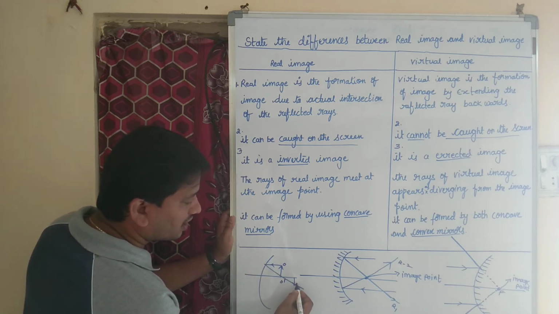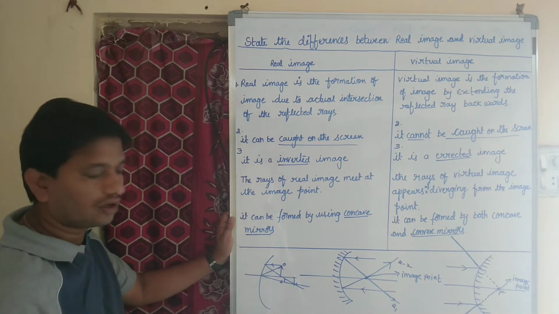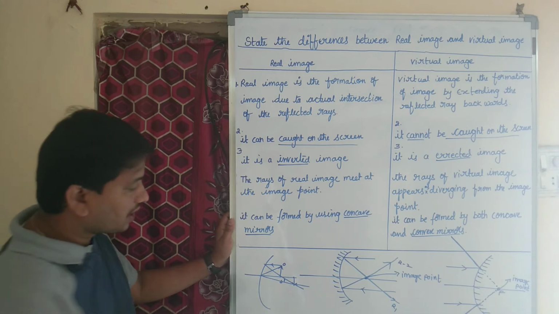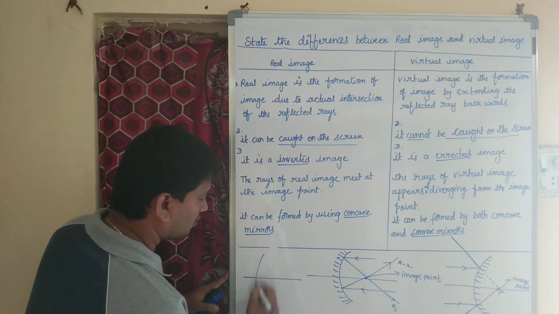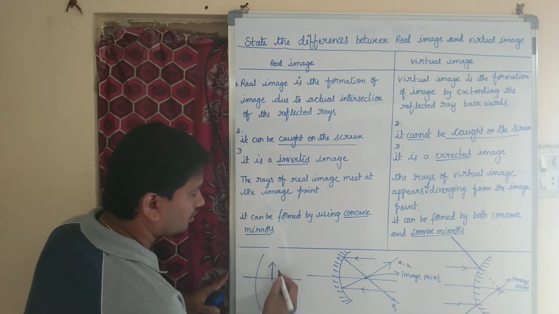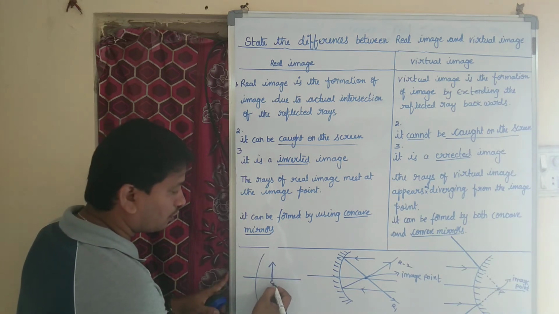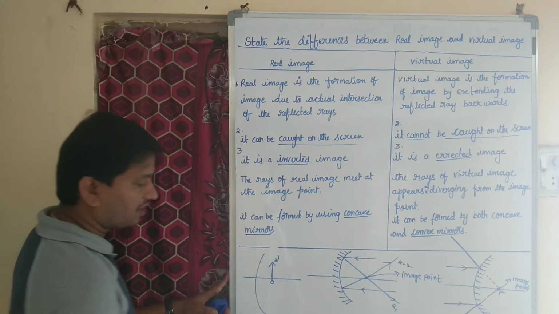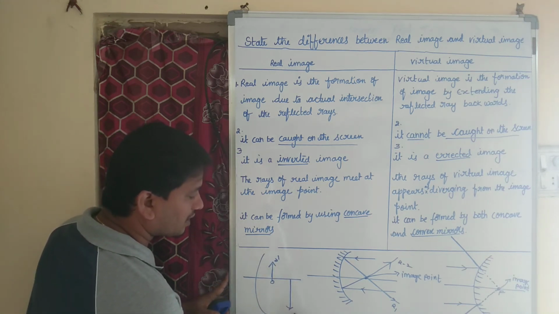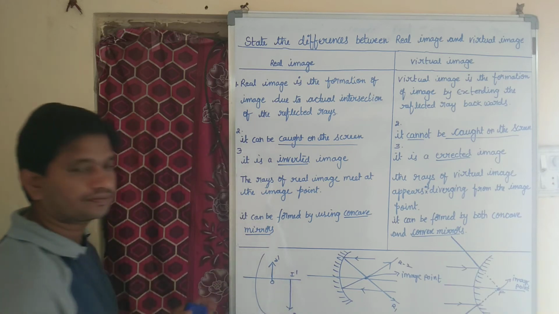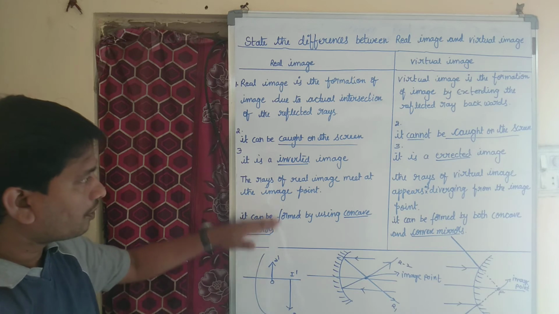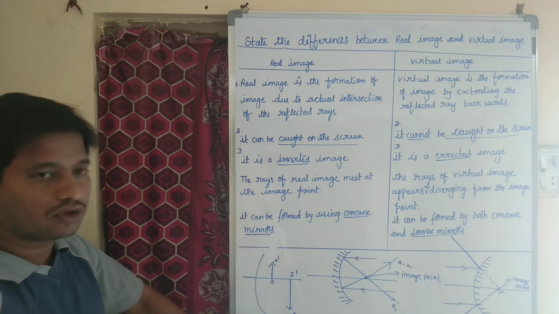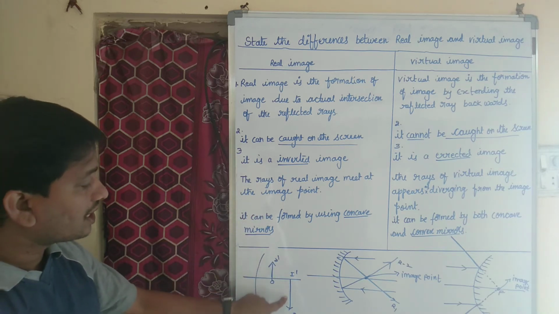Suppose you got the image at this point. Suppose this is our object, which is above the principal axis, but the image we got is below the principal axis, like this, I dash. Object is called O dash, whereas image is called I dash. Object is above the principal axis and image is below the principal axis. So this is called an inverted image.